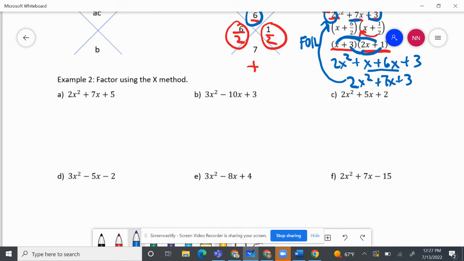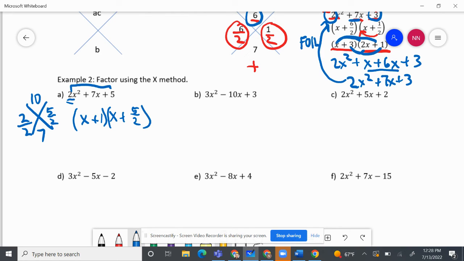So for letter A, we're going to multiply the 2 and the 5, and that gives us 10. And our linear term is 7. So two numbers that multiply together give us 10, add up to 7 would be 2 and 5. Our leading coefficient is 2, so now we're going to separate by dividing by 2. 2 divided by 2 is 1. And then what we have is the 5 halves.